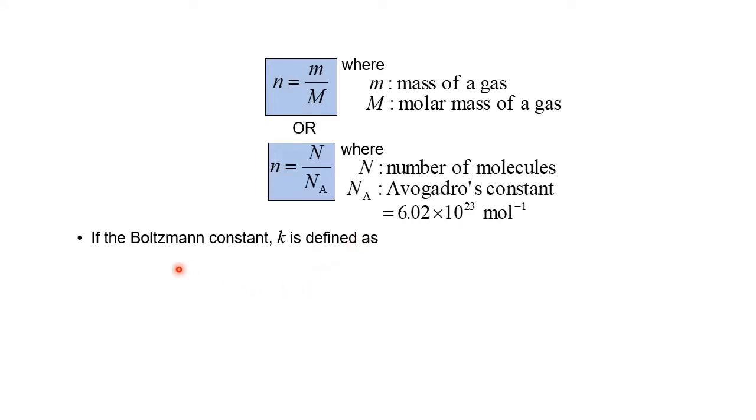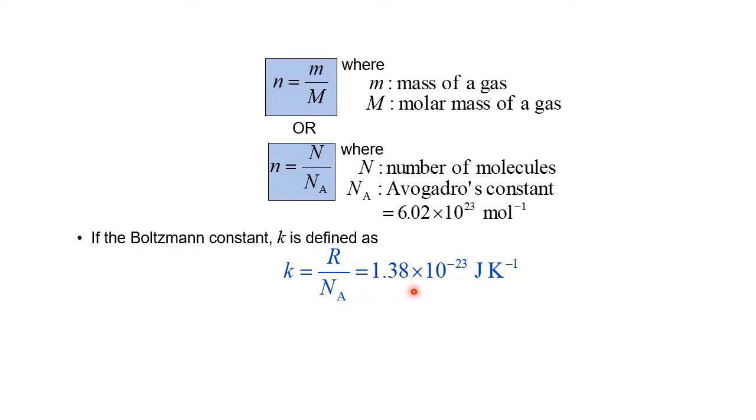Okay, so if the Boltzmann constant k is defined as k equals R over Avogadro number, so value of k is 1.38 times 10 to the power of negative 23 joule per Kelvin. Nilai k untuk physics tak sama dengan nilai k untuk chemistry.